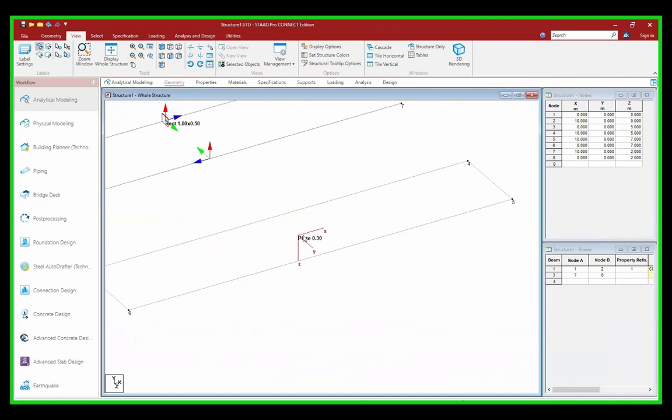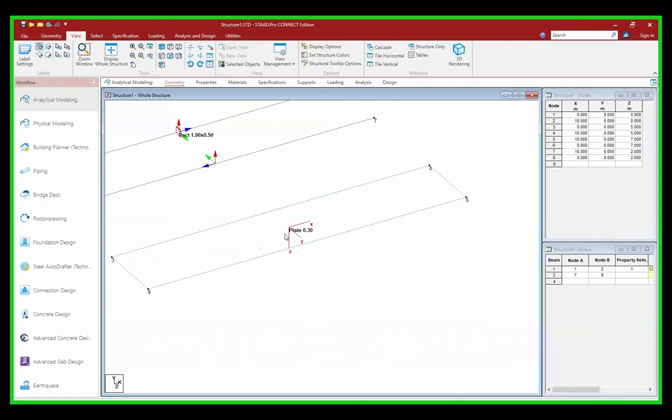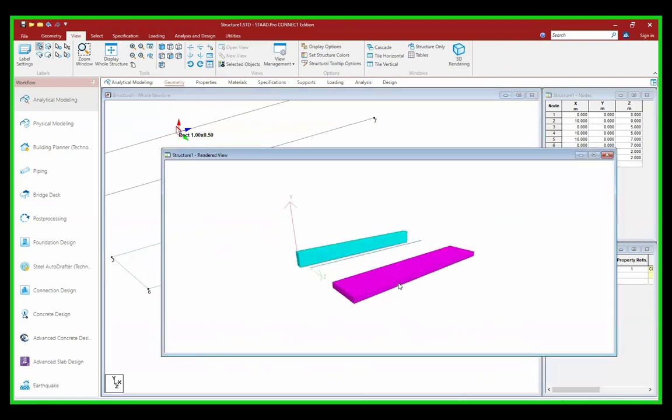So in plan you have local x-axis, local y-axis, and this is the local z-axis towards the thickness of the plate. So if you go to 3D, you can say this is the local x-axis, right?